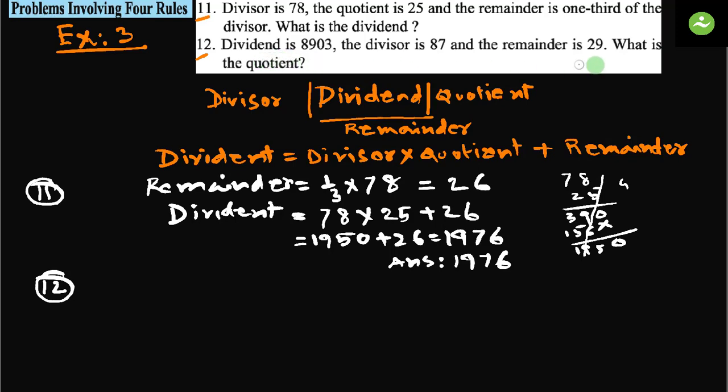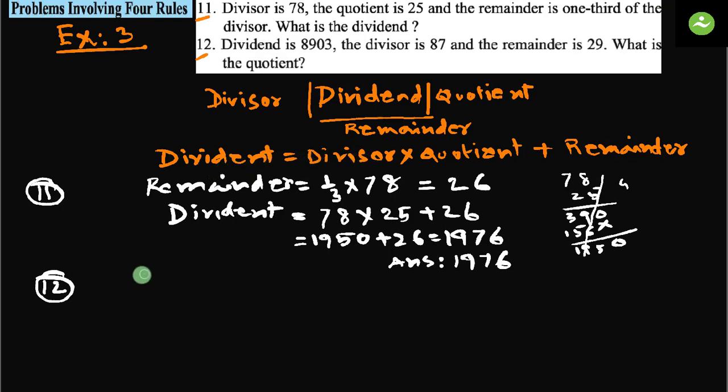We have to find the quotient. Since we have to find the quotient, let us take this side on the left and bring the dividend on the right. It doesn't make any change. It's the same thing. We just change the side.